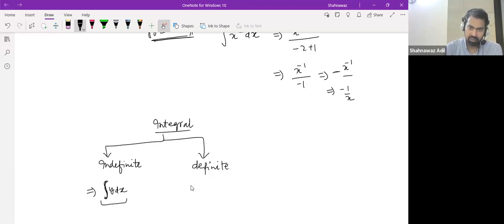And the definite one is defined with a, b, and y. So you see that you have this upper thing and this lower thing. These are called the lower limit and the upper limit.